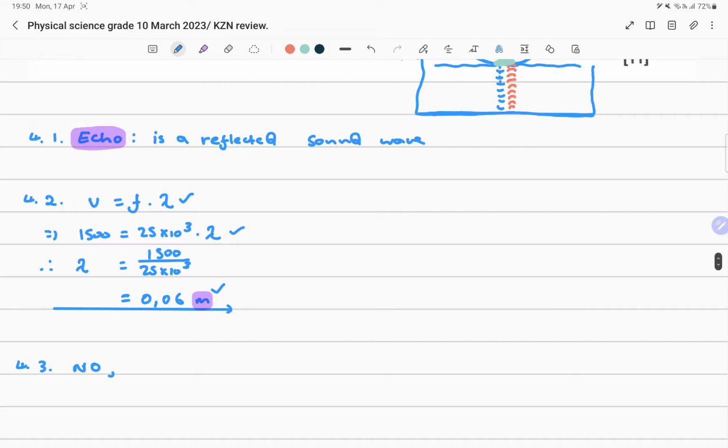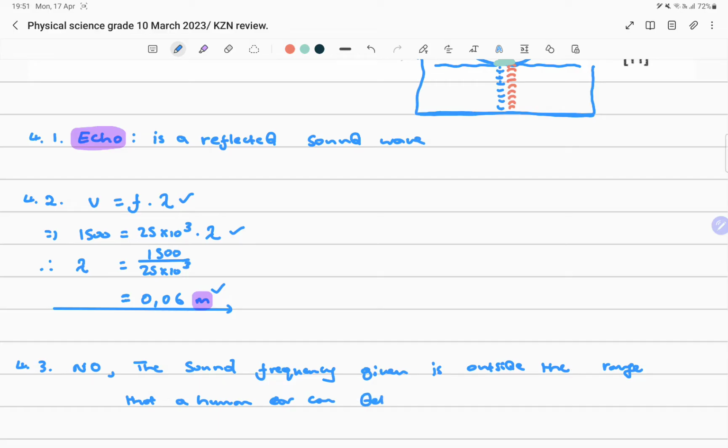The reason is that we know that the sound frequency given is outside the range that a human ear can detect.